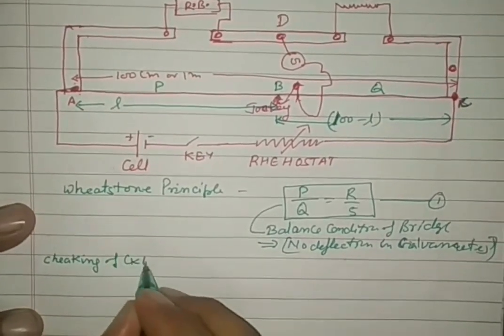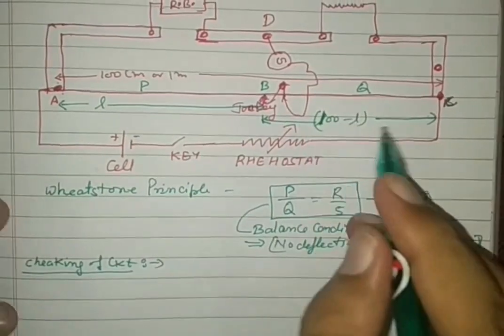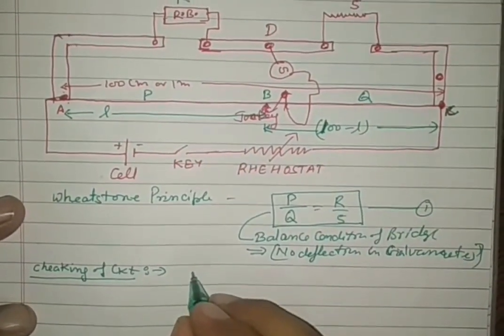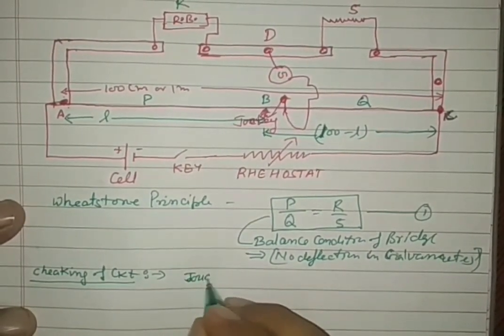Checking of the circuit: how do we check that it is working in the correct order?